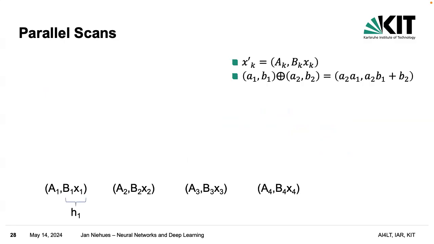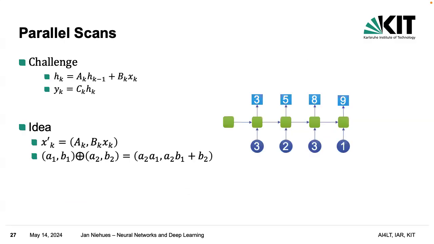What about C? Why are we not using C in here? C1 to C4, the final output is calculated with those. Any ideas why we're ignoring that in the parallel scan algorithm?